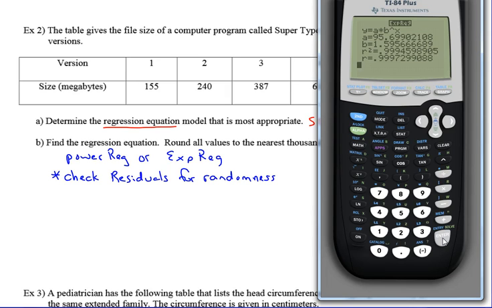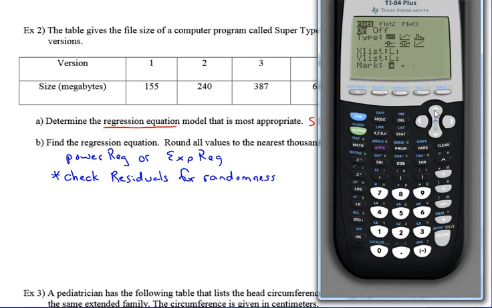Now what I'm going to do is look at the residual plot. So I'm going to go to second Y equals, which is stat plots. Instead of having L1 and L2 for your X list and your Y list, your X list is still going to be L1, but we're going to change the Y list so that we get residuals.